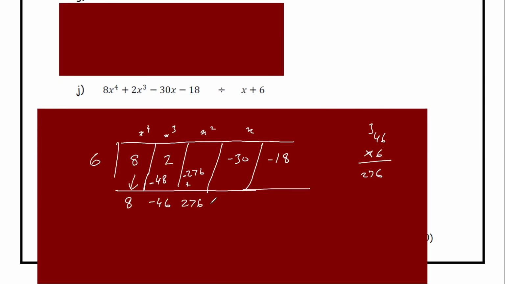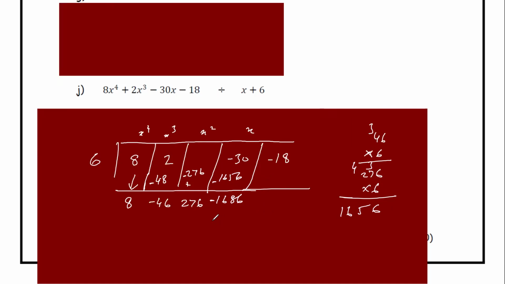That comes down. And then 276 into 6 is 6 6s are 36, 6 7s are 42, 45, 6 twos are 12, and 4, 16. 1656 positive. Change the sign. So it becomes 1686, negative, obviously.